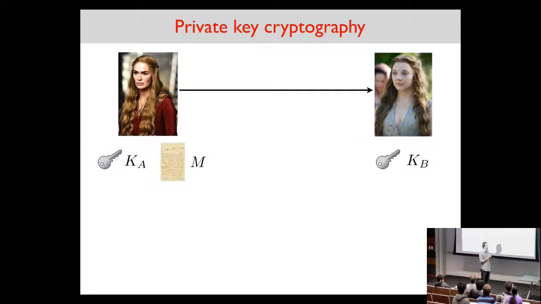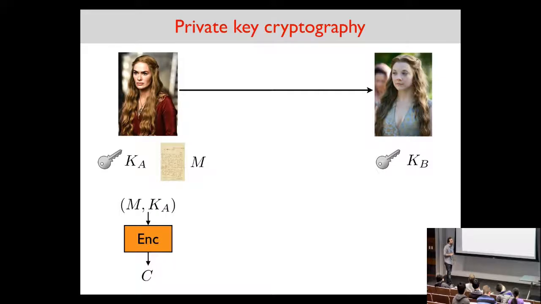Now, if I took that picture and made it a bit more formal, using some notation, we can say we have a message M that we're trying to send. We're going to have a key, call it K sub A, and the recipient is going to have a key K sub B. Usually they're going to be the same key, or they're going to be very related to each other.